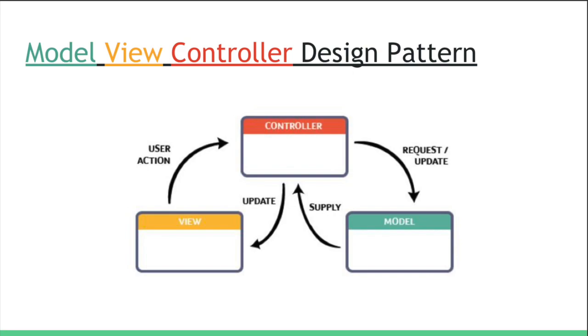This design pattern basically consists of a view class, a controller class, and a model class. The model class is the one that contains all the logic, and in a large case, like an actual application, it would be connected to something like a database.